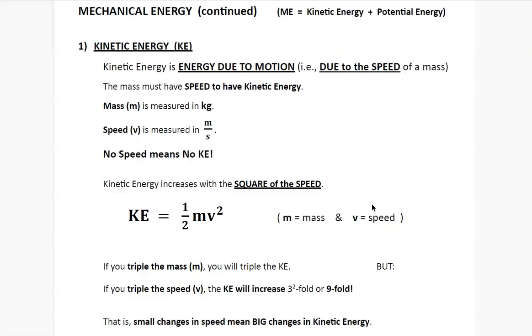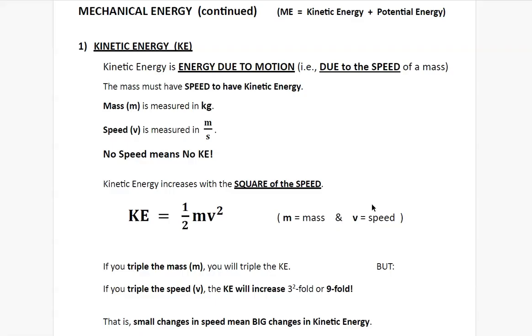Simple as that. The formula is kinetic energy equals 1/2 times the mass times the speed squared. And we use speed instead of velocity because we really don't care which direction the object is moving, and we're going to square it anyway. So even if it was a negative sign, it would be squared, and the square would lose the negative sign.